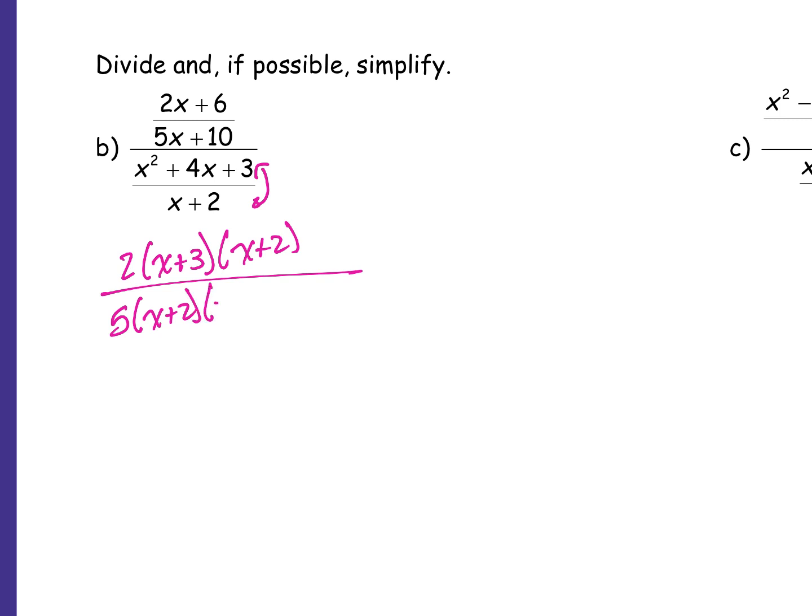And then x plus 3 times x plus 1. So the plus 2's make a 1 and the plus 3's make a 1. And we get left with 2 over 5 times x plus 1, parenthesis. Question? It's okay? Not too bad?